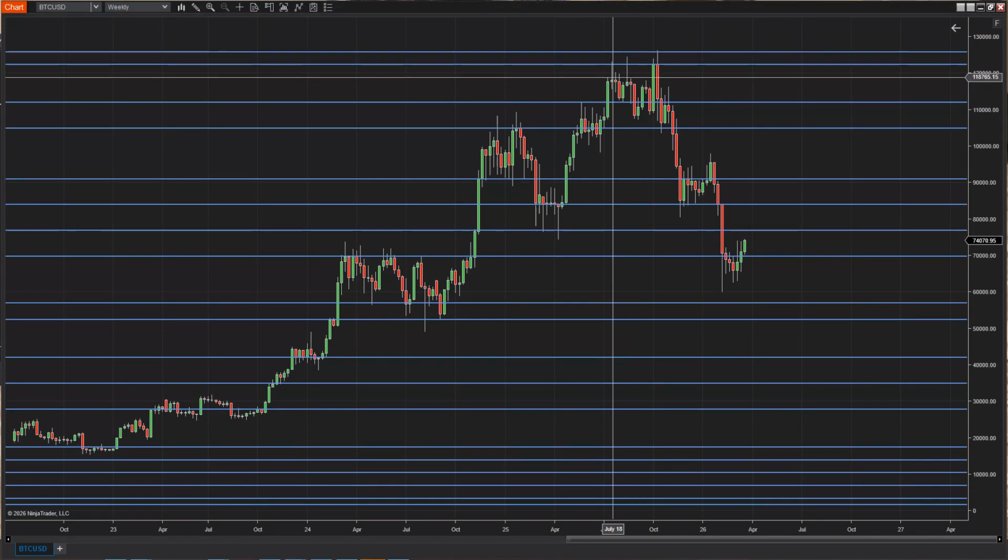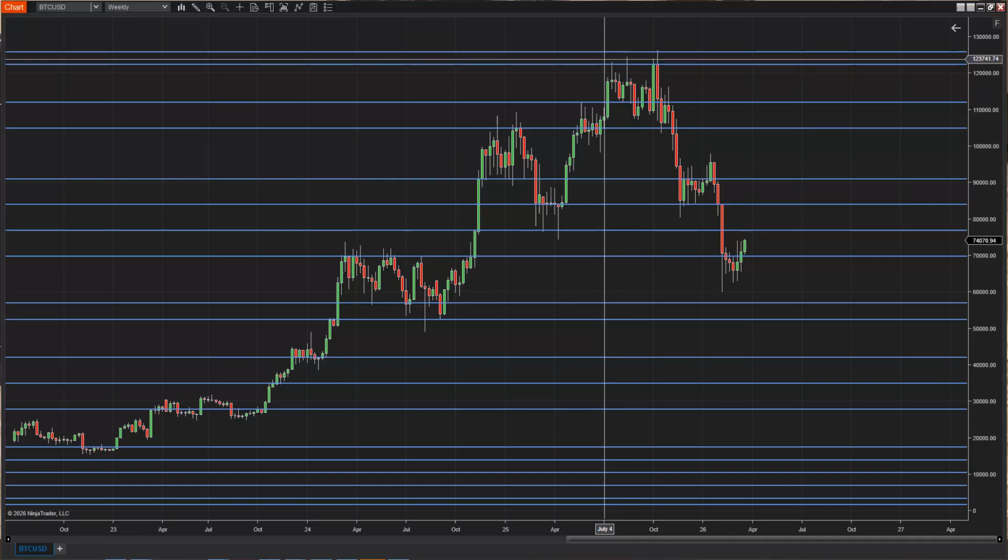And then coming up to the all-time high, there's that important 122.5 number where we had the initial 2 tops, and then it broke through and made the ultimate high here at 126,000, which is what?